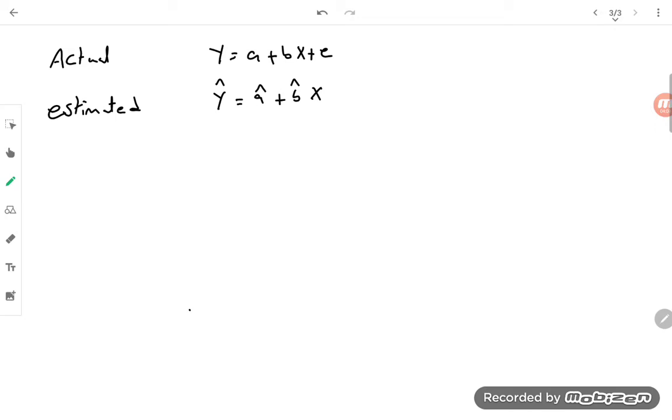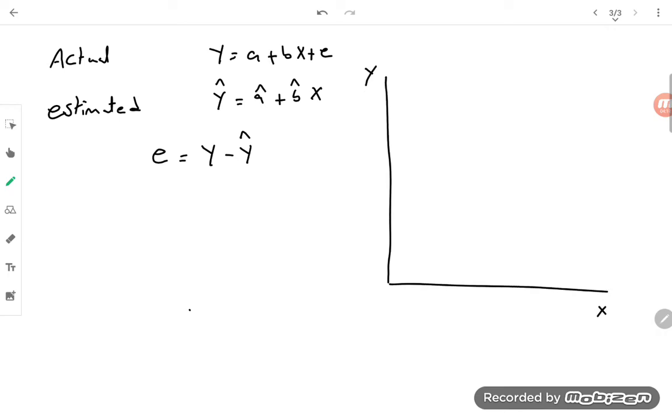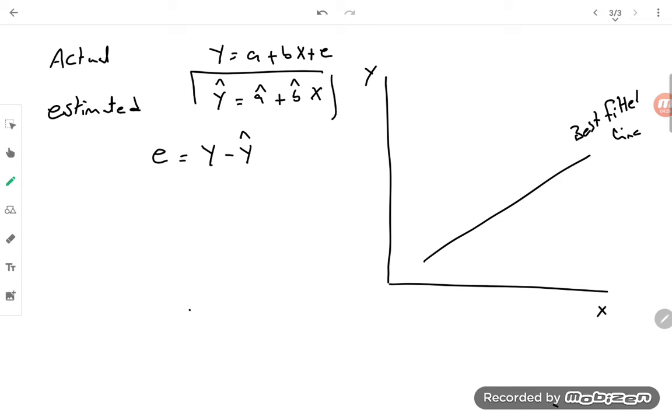And the error can be calculated as the difference between y and y hat. This can be represented graphically by the best fitted line, with y and x axes. This is the best fitted line, which represents this equation. And this is the actual values.